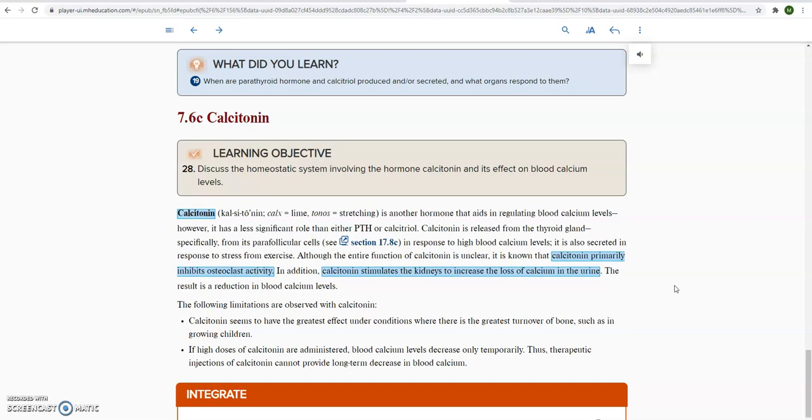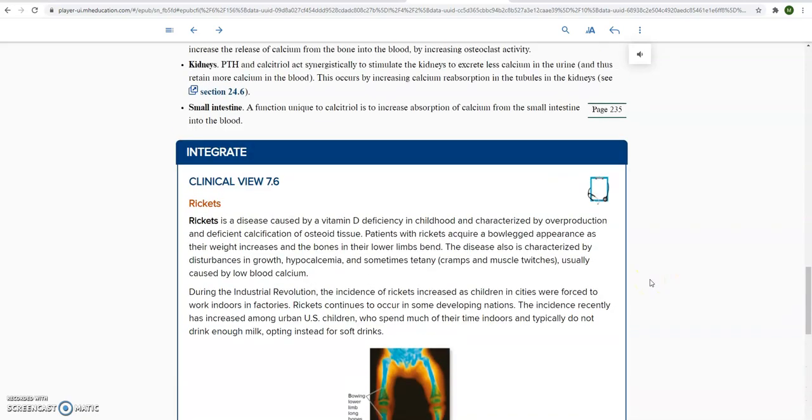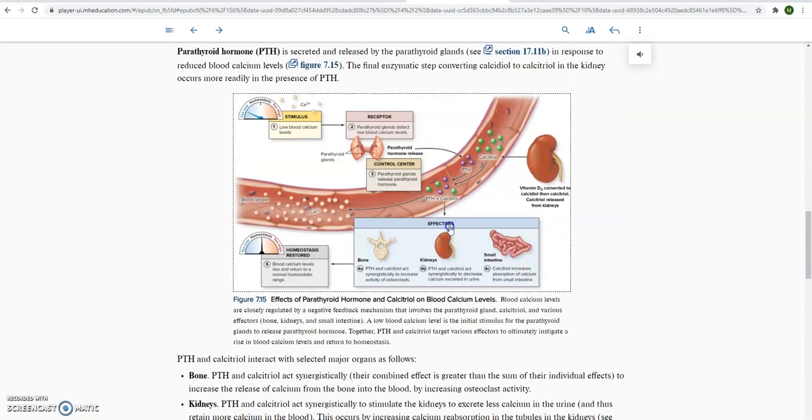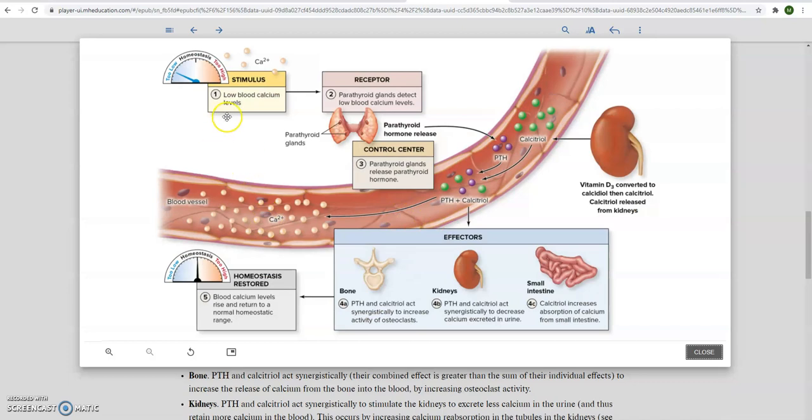And again, remember I said whenever our calcium gets too high, so if there's some instance where we have too much calcium in our blood, then what will happen is, I'm going to go back to our little picture here because I think they don't have a picture for calcitonin. Okay, so we could kind of change this whole picture.